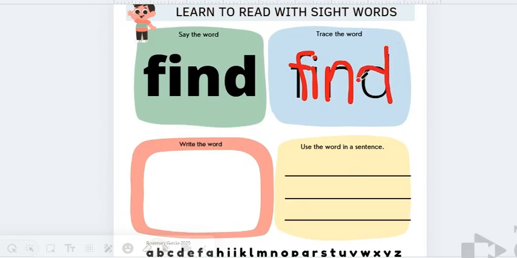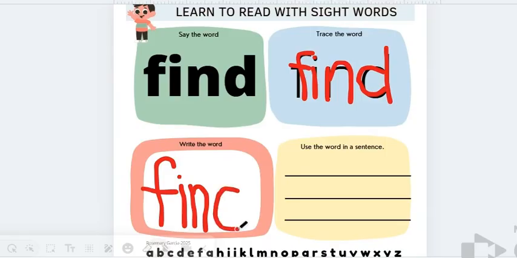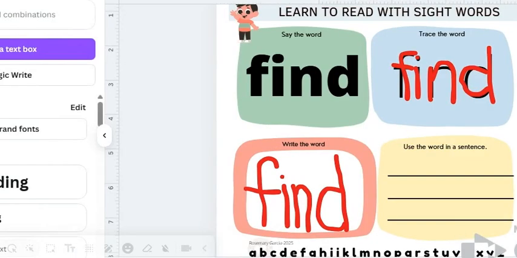That word is find. Now let's write that word. Write this word with me. F-I-N-D. Find. Now we are going to use this word in a sentence.